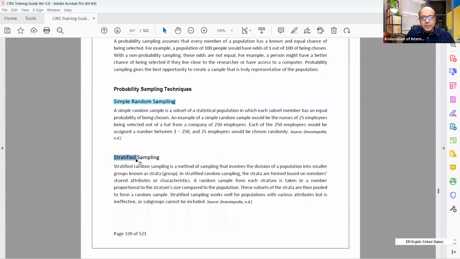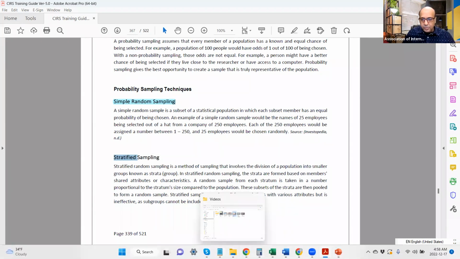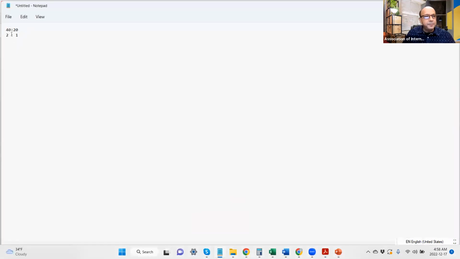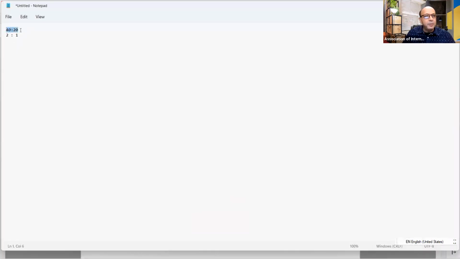Stratified, or a strata, is something that gives you the opportunity to make subsets of something. Could be numbers, or the names of people, could be anything. So let me give you an idea what strata means. I'm writing it down right here. Let's say there is a population from which you have to make your selection.